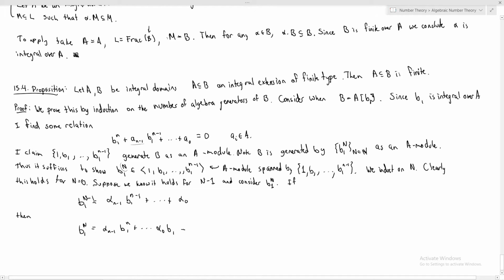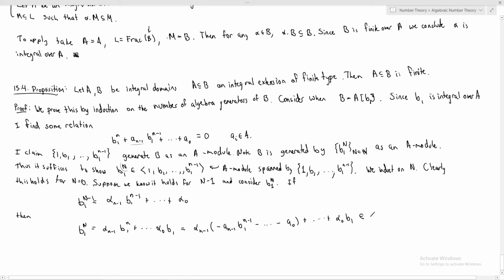So this is going to be alpha to the n minus 1 times negative a n minus 1 B1 to the n minus 1, minus a naught. So I'm just replacing B1 to the power n by negative all that stuff, and then I'm still going to get all this alpha naught B1.